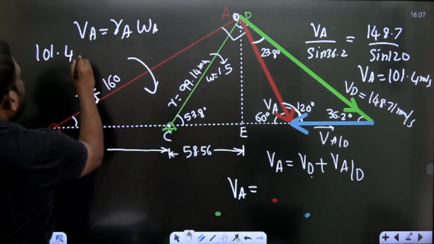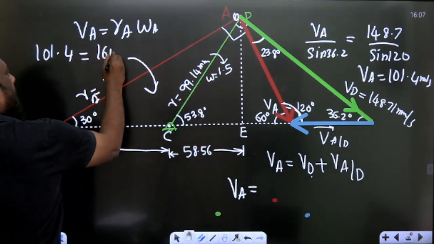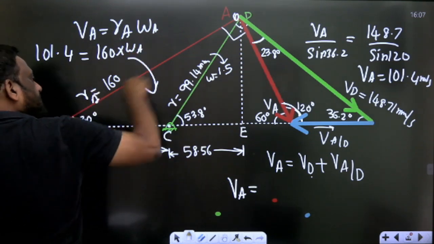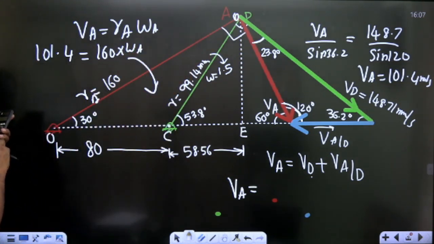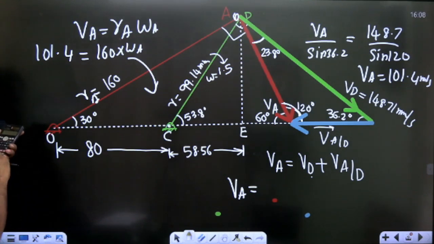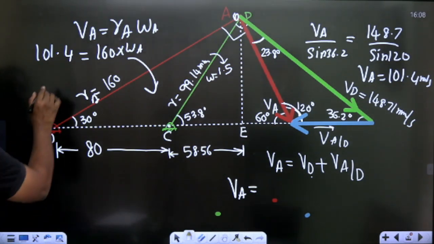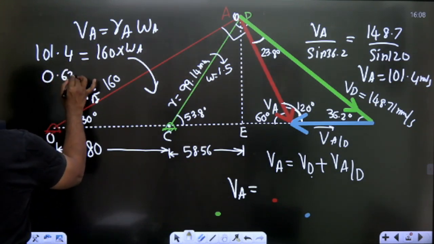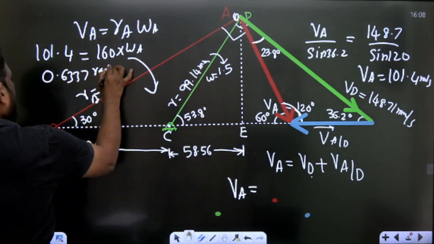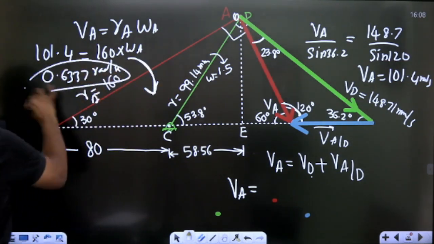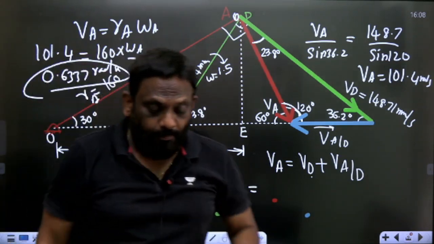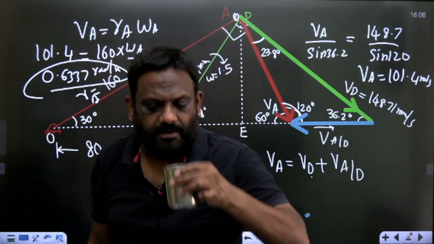VA is 101.4, rA is 160, and omega I don't know, omega of this link. Therefore this divided by 160, 101.4 divided by 160, and you are getting 0.6337 radian per second clockwise. This is the final answer. This is what was asked, sir. Hope the question is clear. It was a great question, sir.